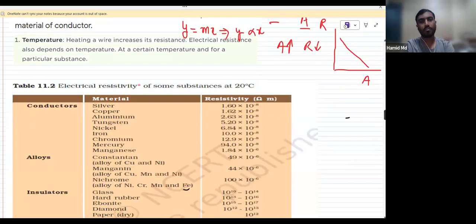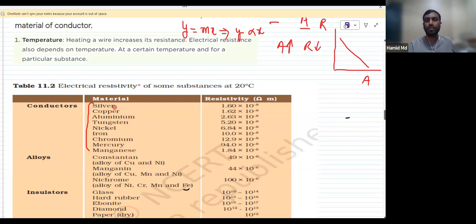So now we have conductors and insulators. Examples of conductors are copper wire, silver wire, aluminum, tungsten, nickel, iron, chromium, mercury, magnesium, and manganese. All these are conductors. Conductors have free electrons. When connected to the circuit, the free electrons easily migrate from one point to another.